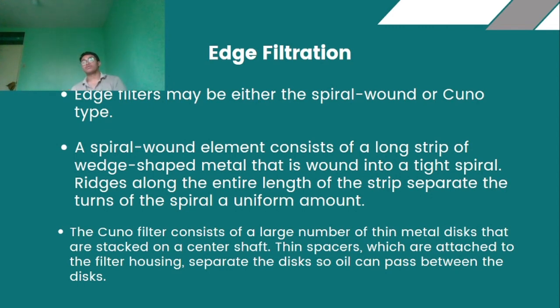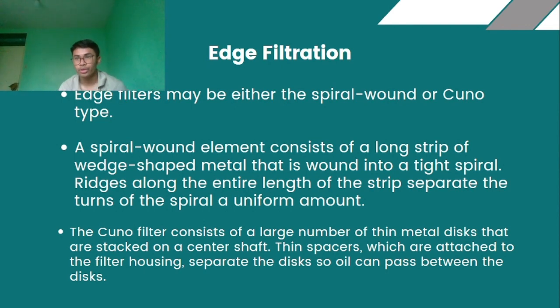So, sa Kuno type naman natin is patong-patong na metal disc. And para dumaloy naman doon, since patong-patong nga sila, so mahirap yun. So, para makadaloy naman ang oil, meron silang spacer between the discs.